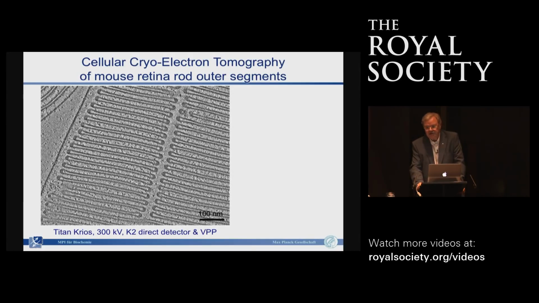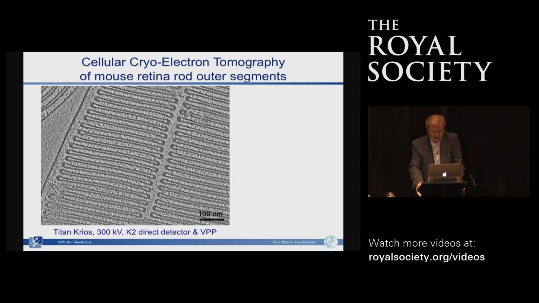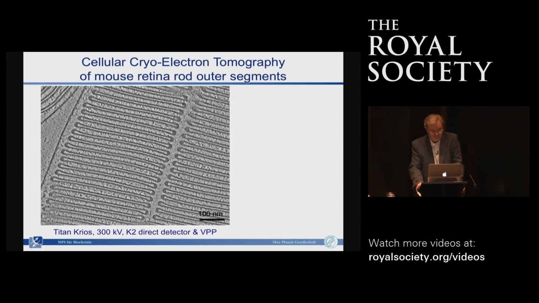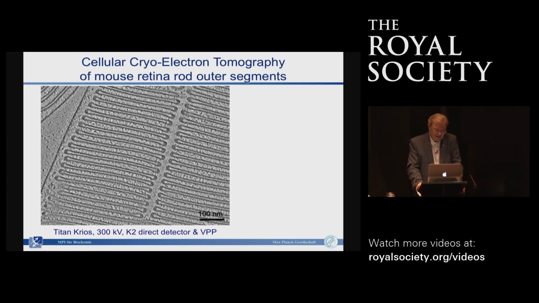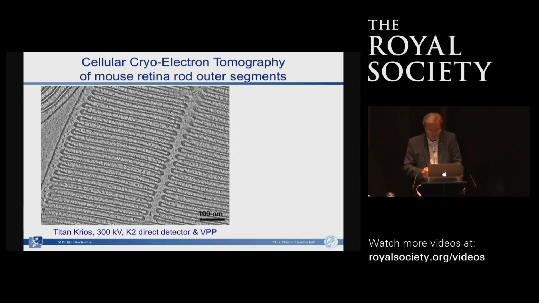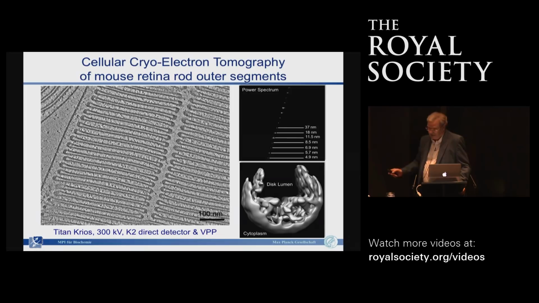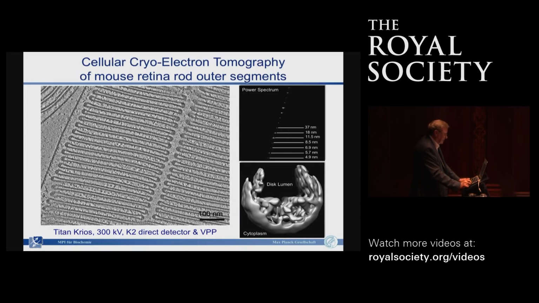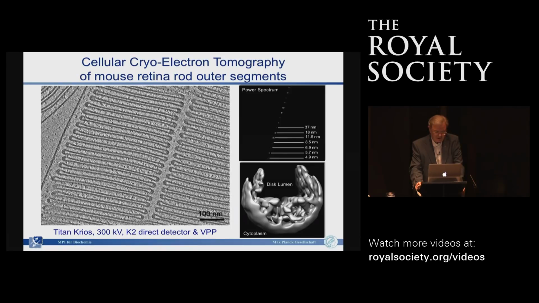I think you will appreciate already, looking at the raw data, that there is an enormous amount of information, but mining this information is very challenging, and we are only making very slow progress here. So there are certain things which are straightforward, like the structure of the periphery of these disc membranes, which have an incredible curvature.